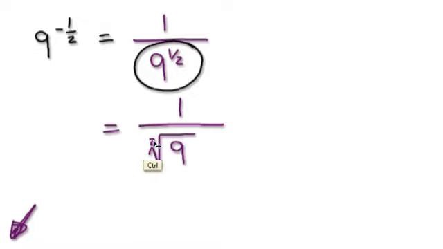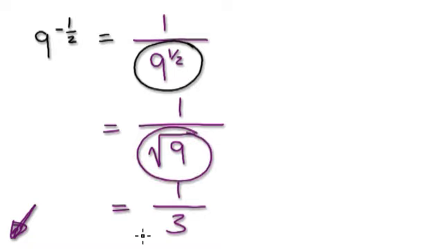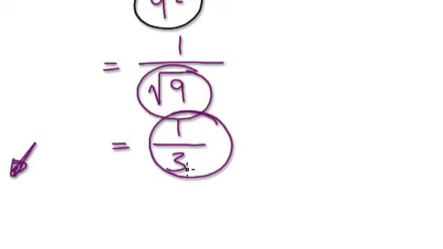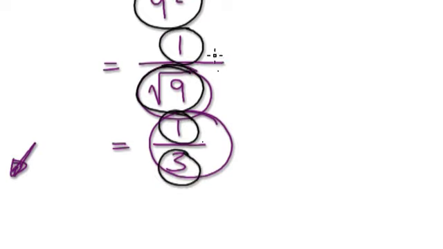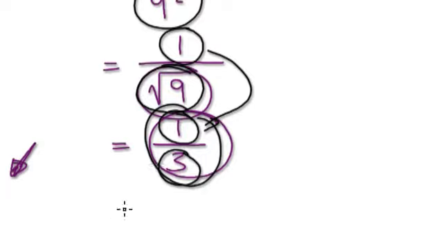It could be a 2 here, but it's going to be the square root of 9. What's the square root of 9? 3 times 3 is 9. So this whole thing here is actually a 3. So the overall answer is a third. Because the square root of 9 is 3, and this one here, we're just carrying it down. So the overall answer is a third.